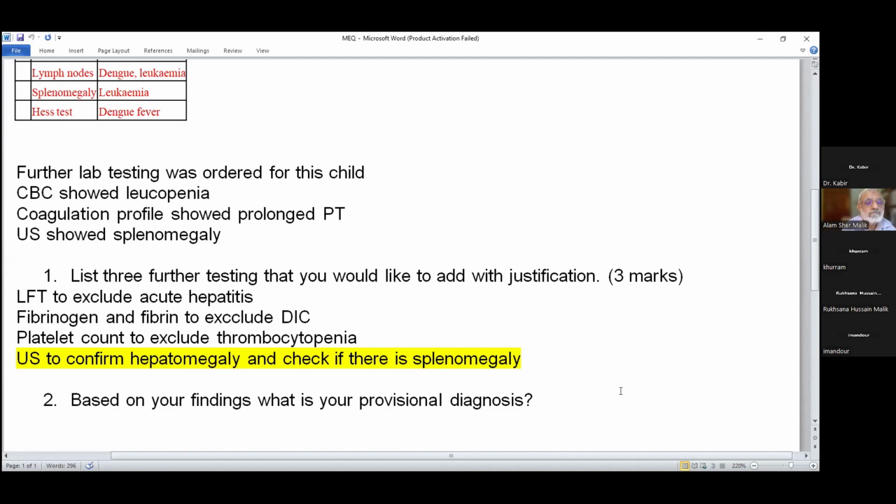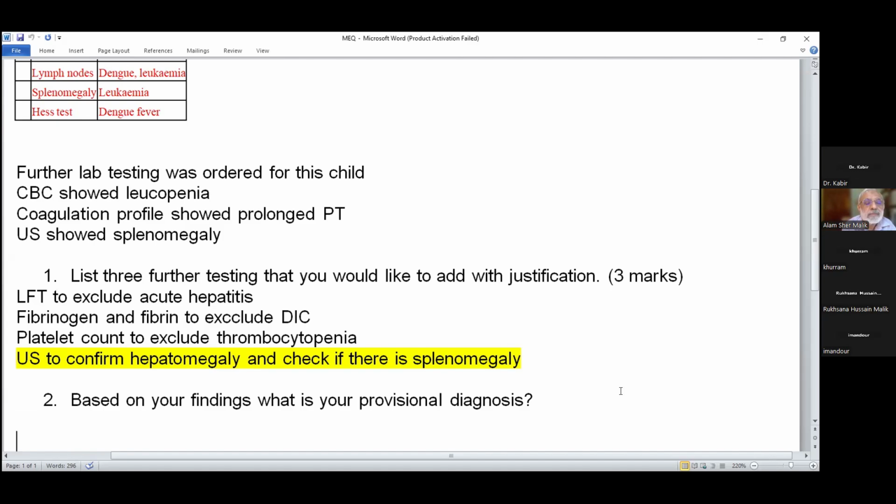We set 3 marks for this question. We expect the student to answer liver function tests to exclude hepatitis, fibrinogen and fibrin to exclude DIC, and a platelet count to exclude thrombocytopenia, as the child has petechial hemorrhages.